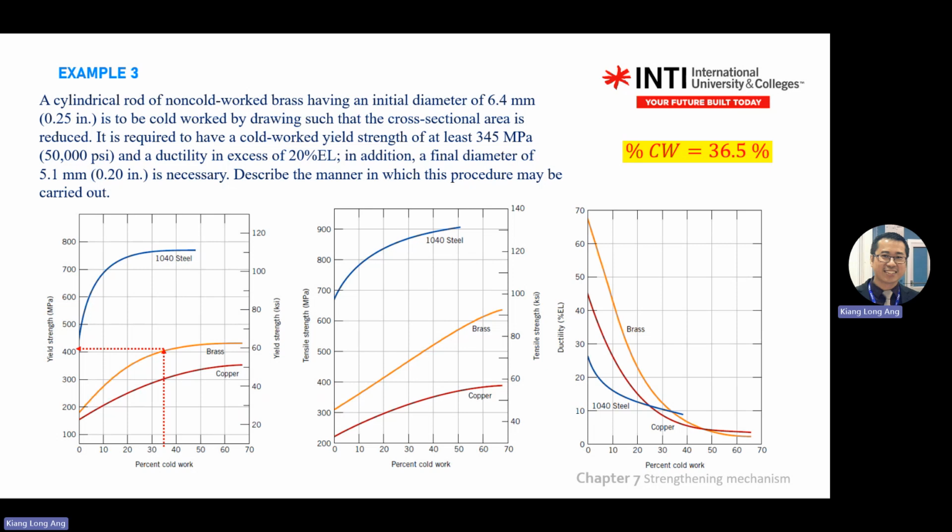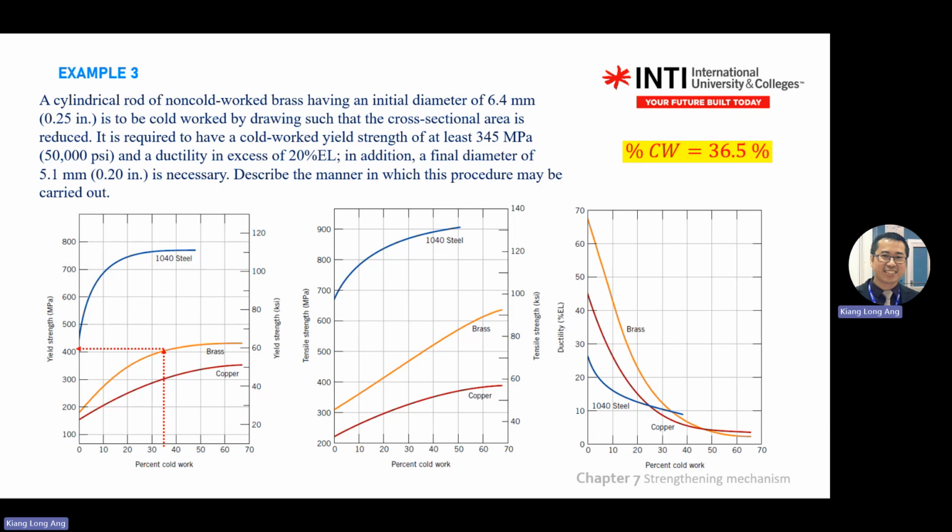The question uses brass. So read carefully. So the first thing you calculate is the percent of cold work, in this case, about 37%. So, the customer needs what? So you get 400, can or not?